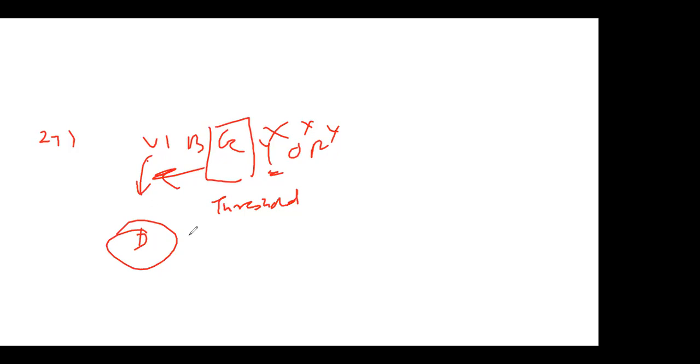A metallic surface has a threshold wavelength of 5200 angstrom. This surface is irradiated by monochromatic light of wavelength 4500 angstrom.